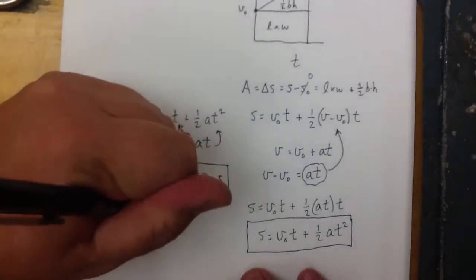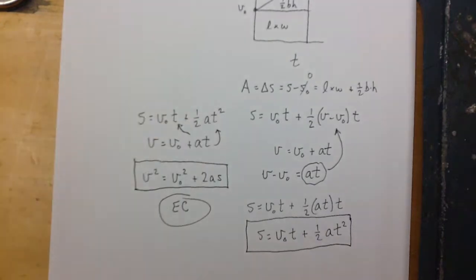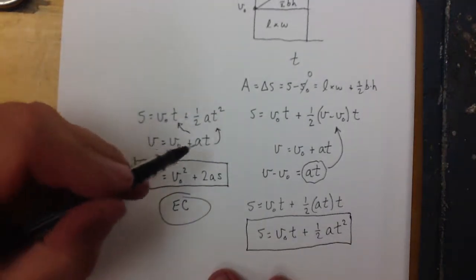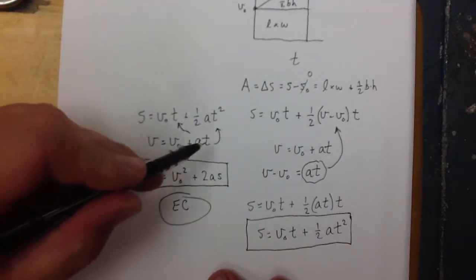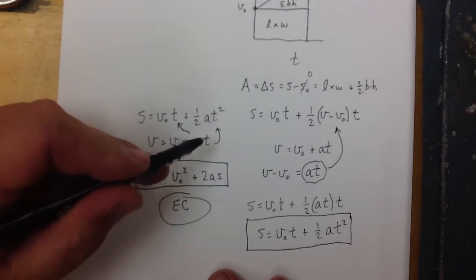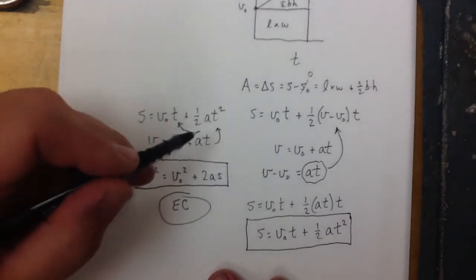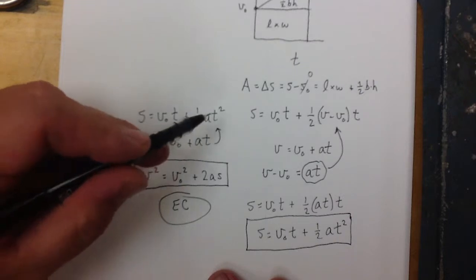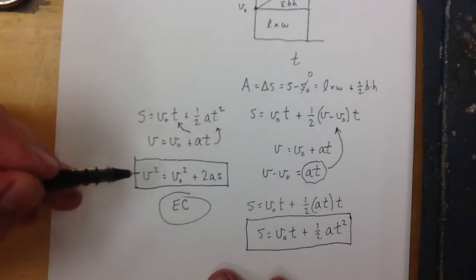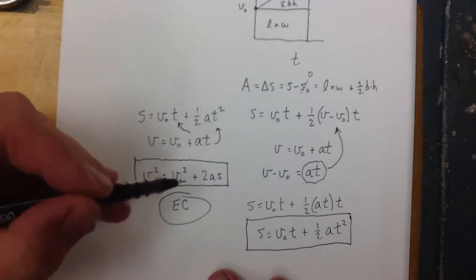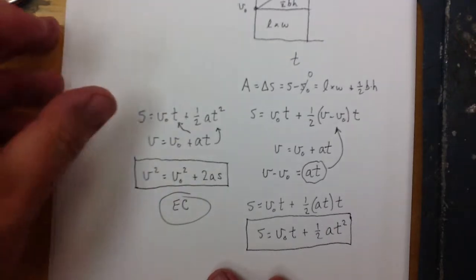I'm offering extra credit if you submit your proof to me, by solving the second equation right here for time, substituting creatively into this equation, and getting the end result to show that V squared equals V0 squared plus 2AS.